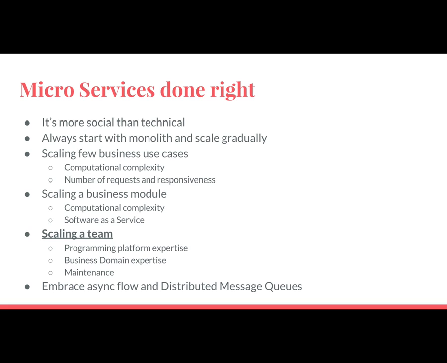And one more point is, whenever you have a microservice architecture, it should not depend upon DNS names, or in terms of AWS, the Elastic IP; have it go through a distributed message queue.